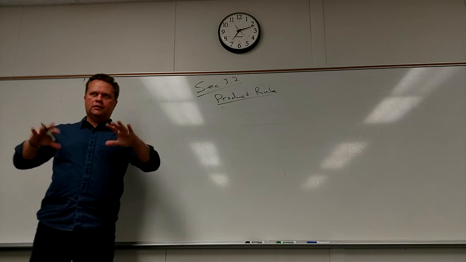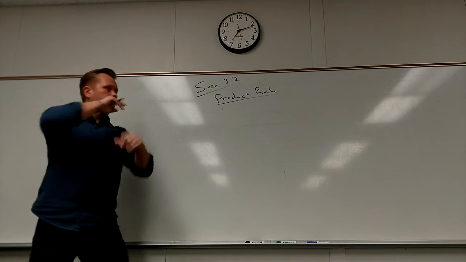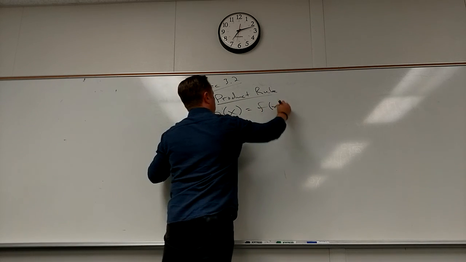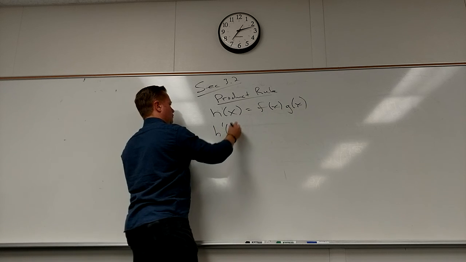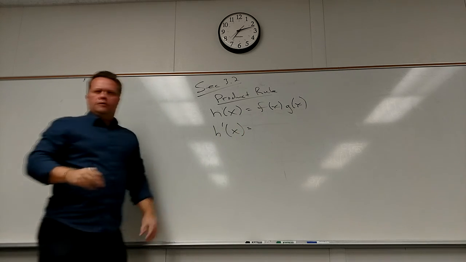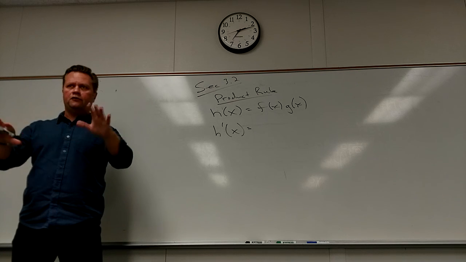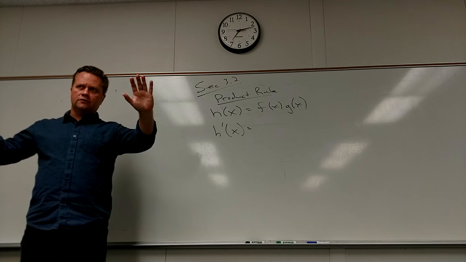Here's the product rule. It's an easy one to prove. We proved it last time. I'm not going to prove it again. But basically, if I have a function that's actually made up of the product of two other functions, you're going to see this in every form of the rule: you never take all derivatives at once.